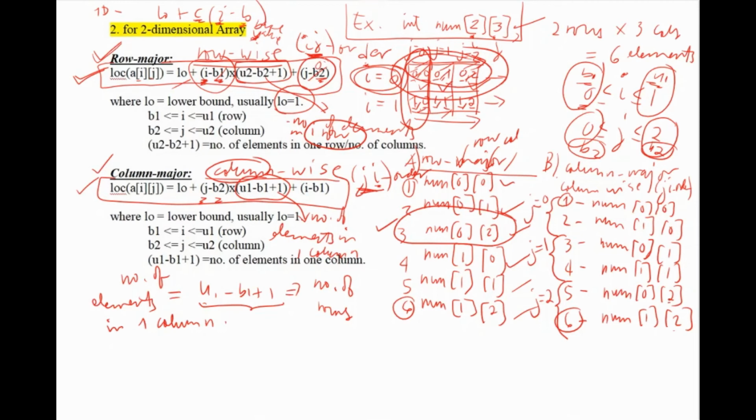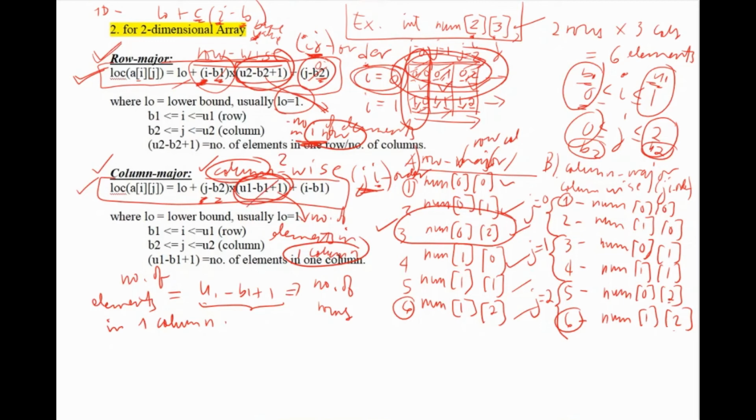So again, take note here that we are looking for the number of elements in one row because this is row-wise, while in the column major, we are getting the number of elements in one column because this is now column-wise, and our index here is J, which is the column index. So this is equal to 2 in our example.